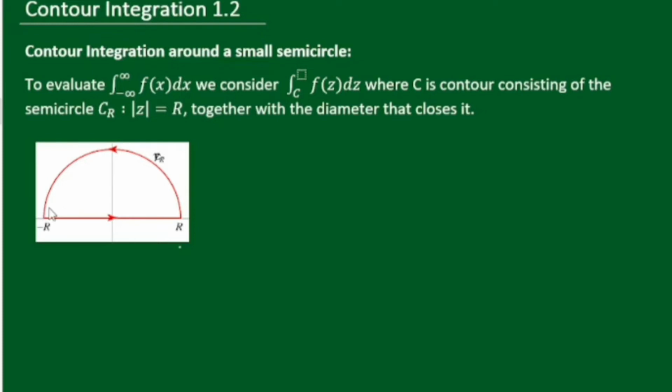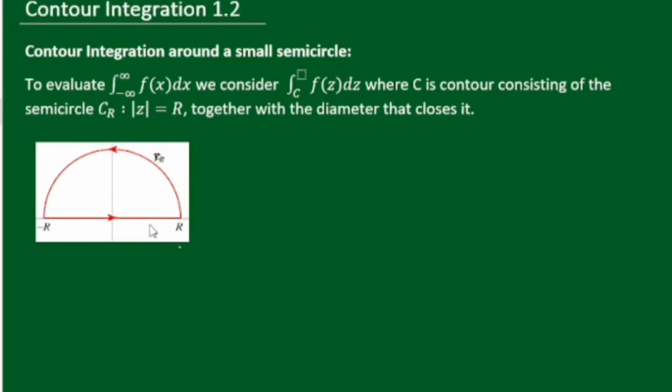One more thing: when we are moving along this semicircle C_R, f is a function of x and y both. That means it is a function of z. And when we are moving along this straight line, which is along the real axis, f is a function of x only.